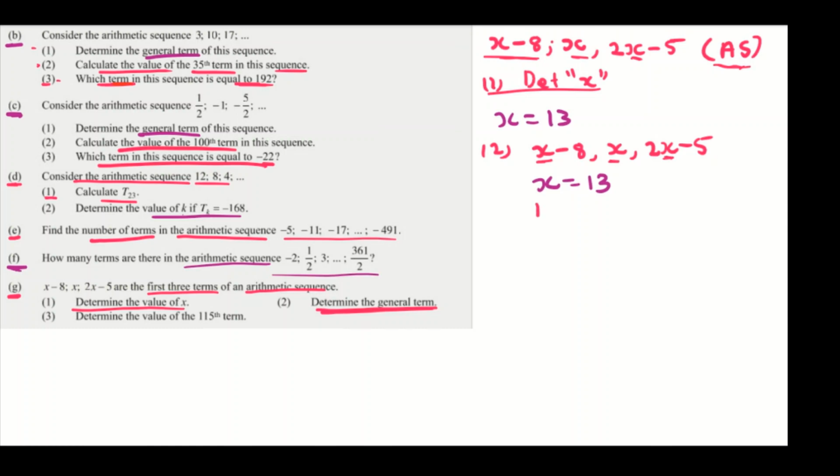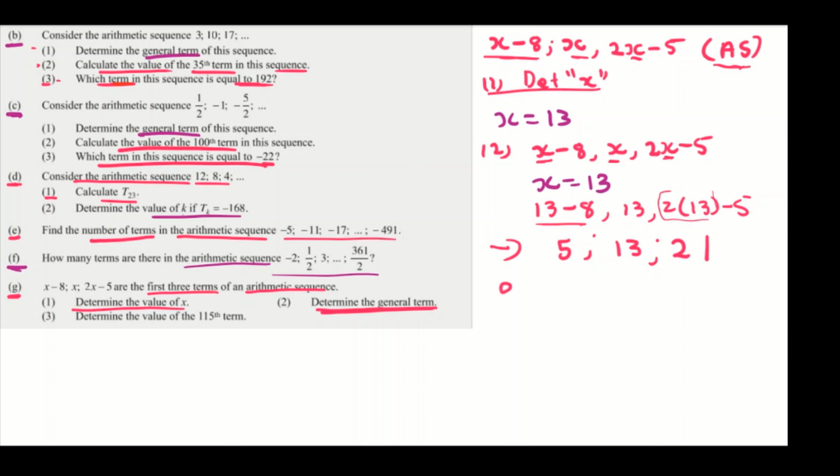So it's going to be 13 minus 8, 13, 2 into 13 minus 5. You're going to subtract here and get 5, and then here it's 13, and here just going to be 26 minus 5, which you'll get 21.